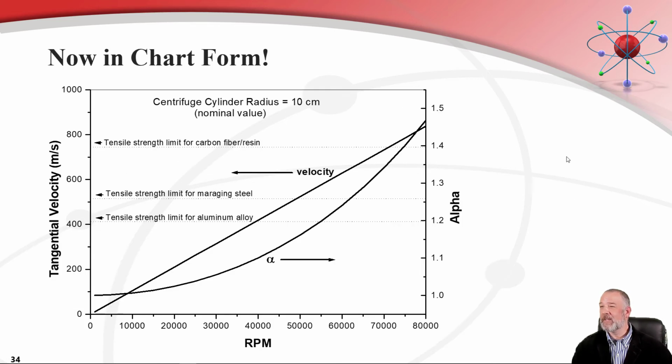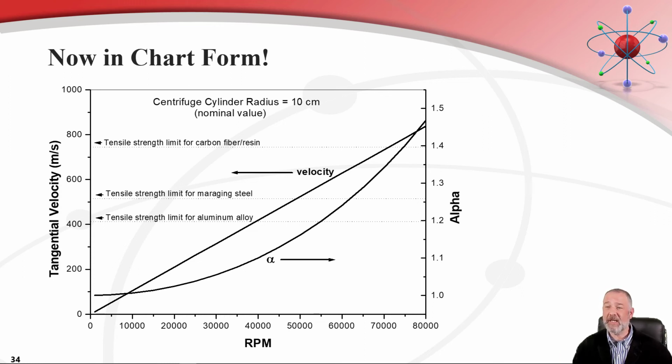So let's look at it a little bit differently as a chart. Now this is for a cylinder with a set radius of 10 centimeters, which is pretty close to what's actually used. If we hold the radius at 10 centimeters, then because the masses of the 238 and 235 molecules are the same, we can say that the temperature is going to be locked at some given value. Of course, R is a constant.